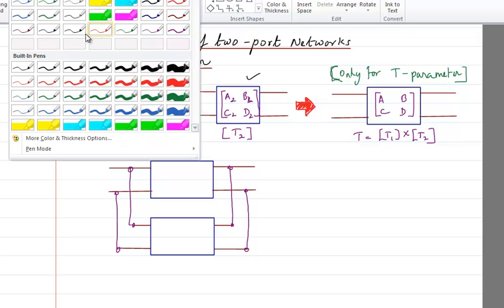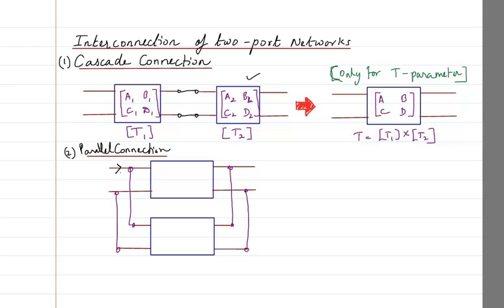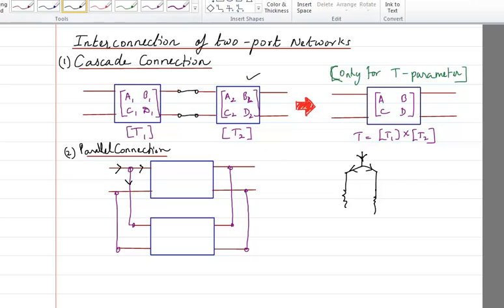This is the incoming current, and it is getting split between two branches, and only in a parallel circuit does the current split up into two branches. That's why it is called a parallel connection.